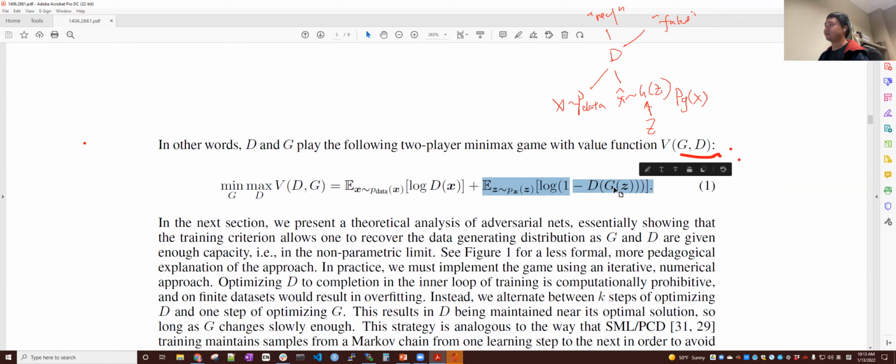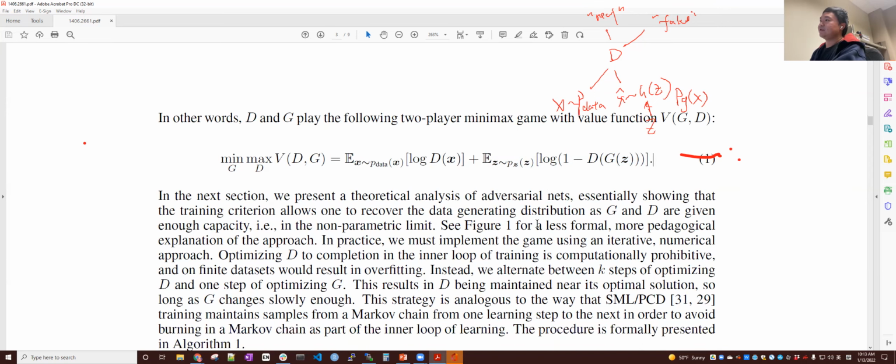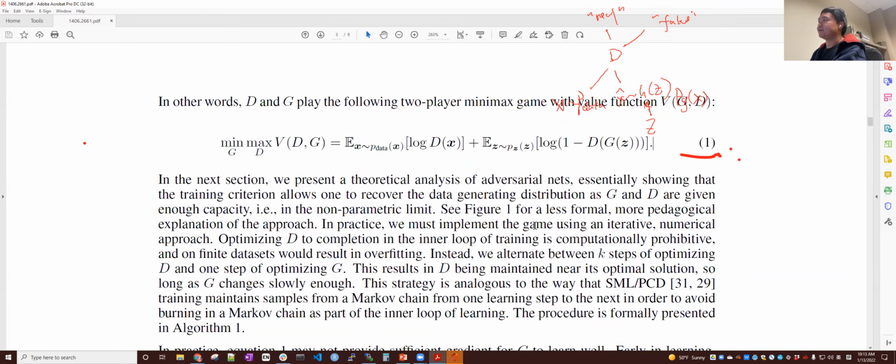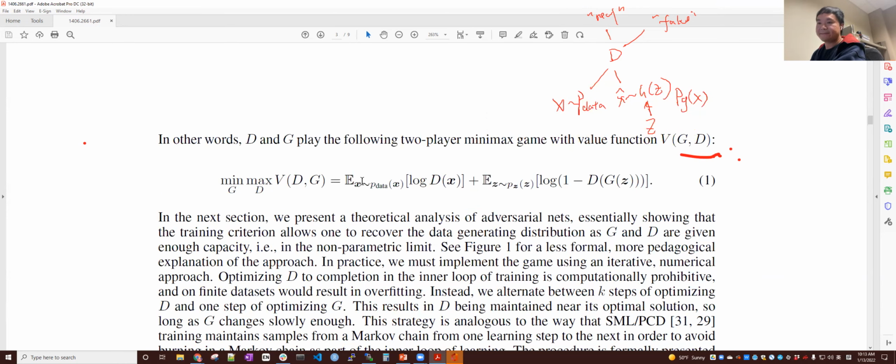It will think your fake data is real, which is wrong. So this is the explanation of this loss function. Do you have any questions about this?